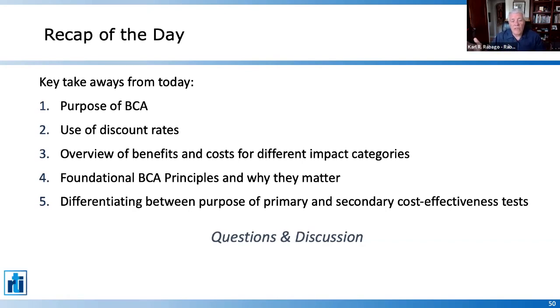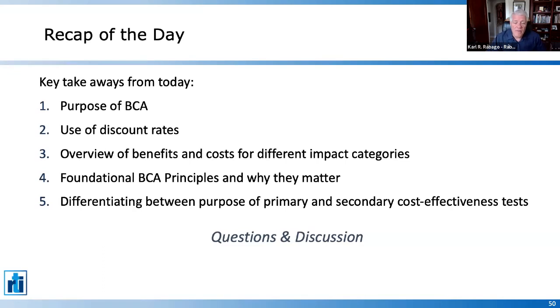We've looked at the fact that there are a lot of categories out there, and our recommendation is, no matter what you do in adopting a test, you start from the utility system impacts, all of them, and then make decisions about other impacts that are going to be added.